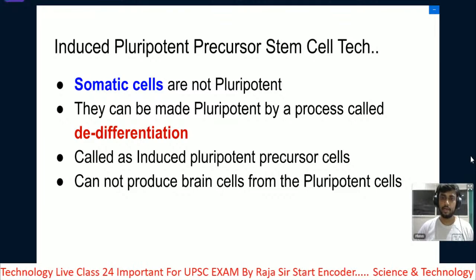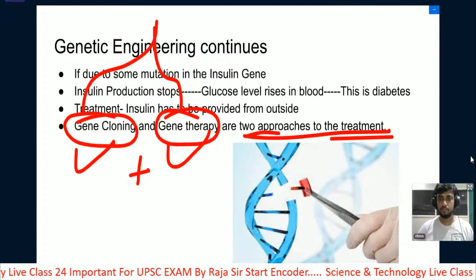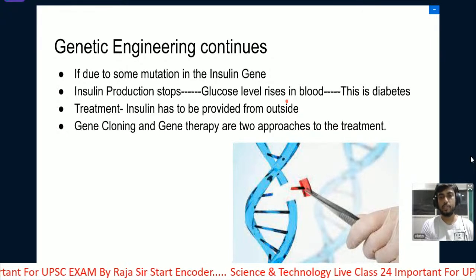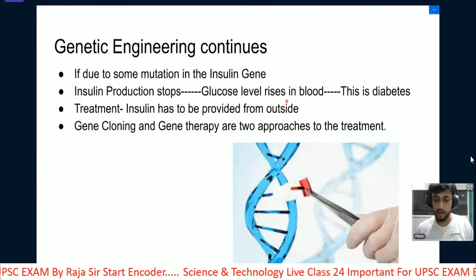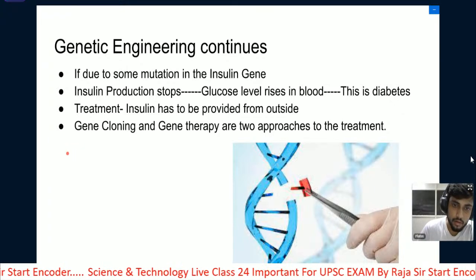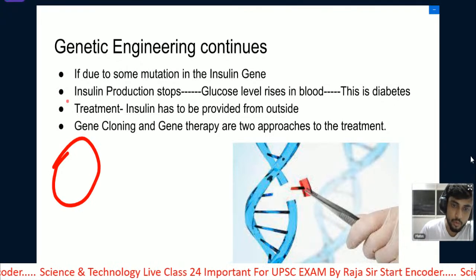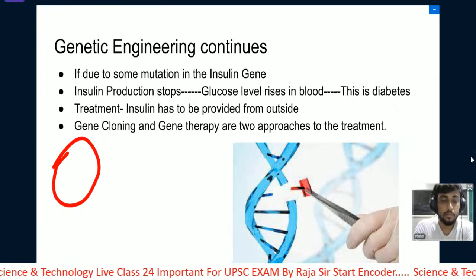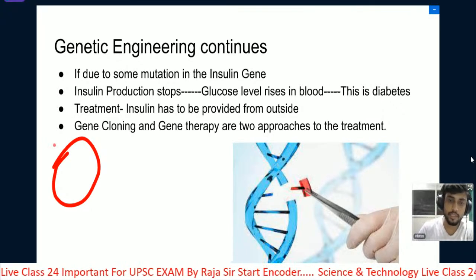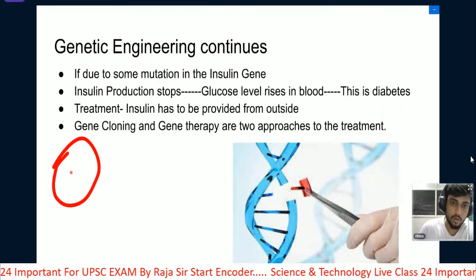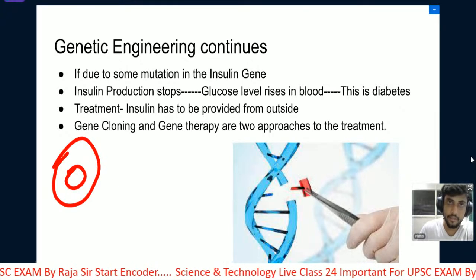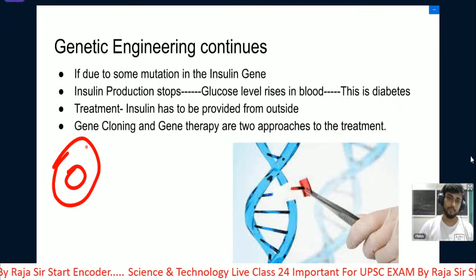I need a blank slide. Okay, don't worry. So what we will try to do is, suppose there is a person, and this is the cell of a person who has a mutation in his gene, and insulin is not being produced inside the body of this person. Now consider this is the DNA, the inside circle is the DNA.